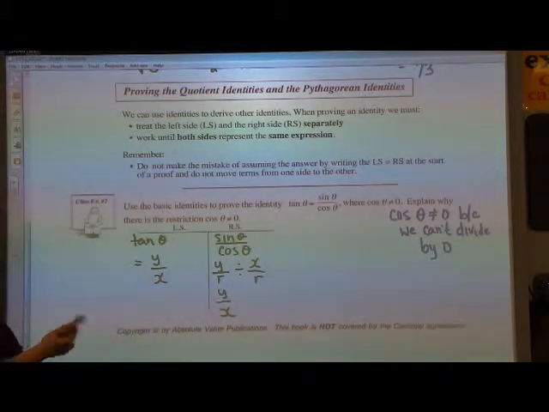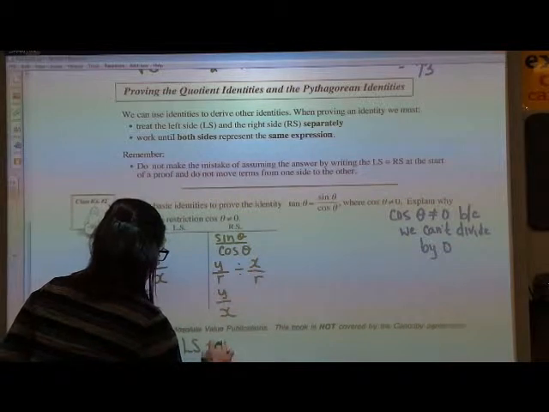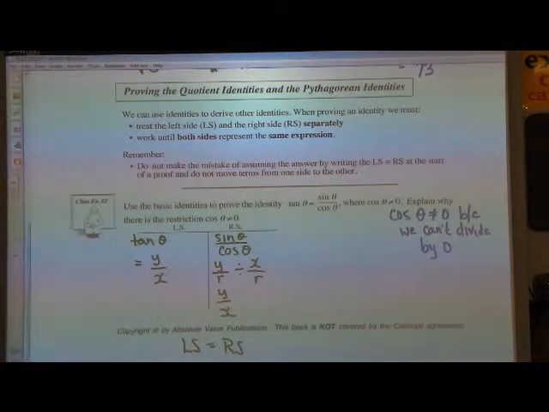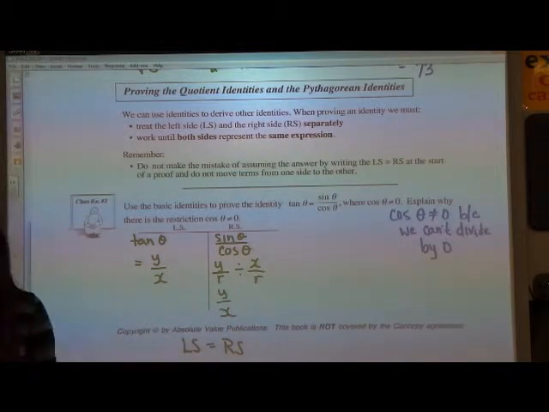Does this show that the left side equals the right side? And because I actually have not used numbers, this becomes an identity because this is going to be true no matter what my x and my y values are.